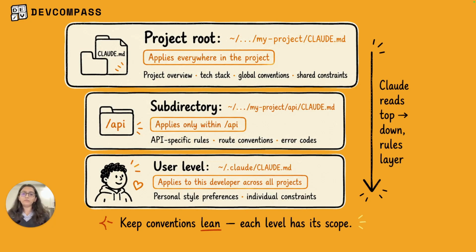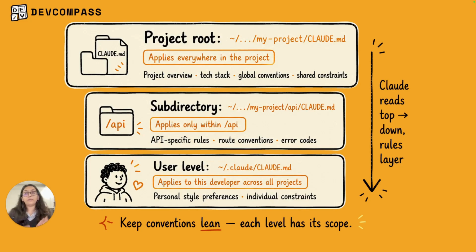The middle level would be a subdirectory. You can put a claude.md file inside any subdirectory. The card is slightly narrower and visually nested to create a visual differentiation. When Claude Code is working in that particular directory, it reads the project level claude.md first, and then the subdirectory claude.md.